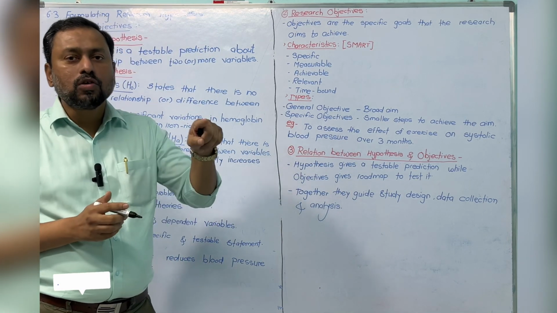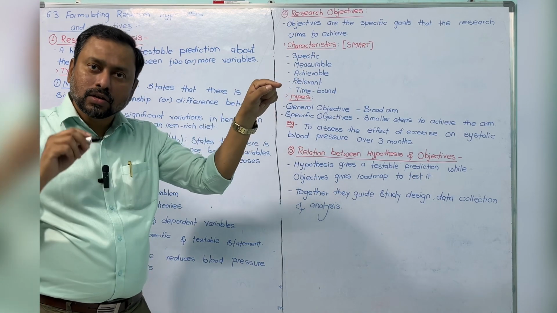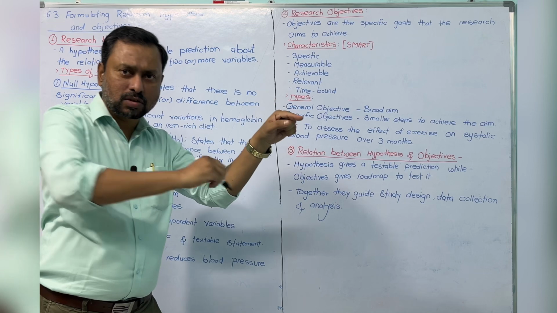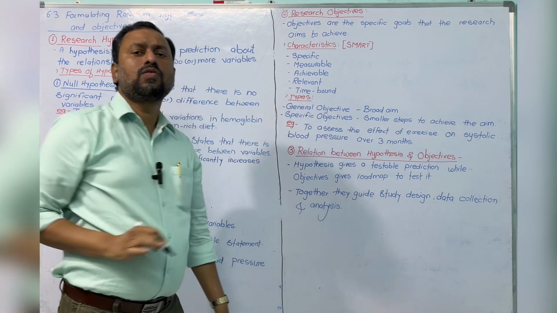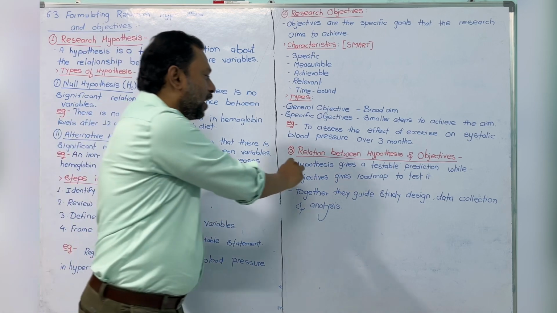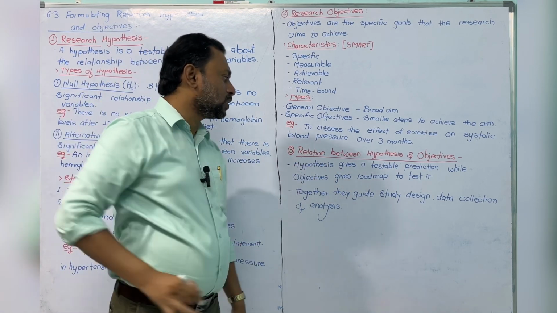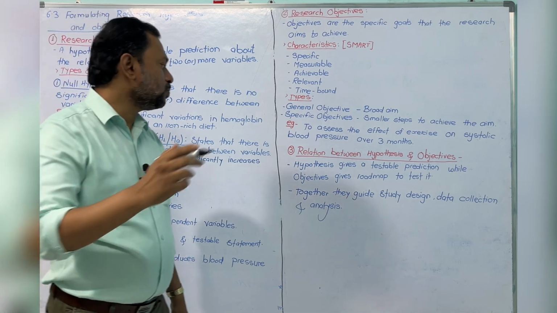The hypothesis gives the destination, and your objectives give the roadmap showing how to reach your destination. Simply put, the hypothesis is the direct destination, and the objective is the roadmap of your research problem.